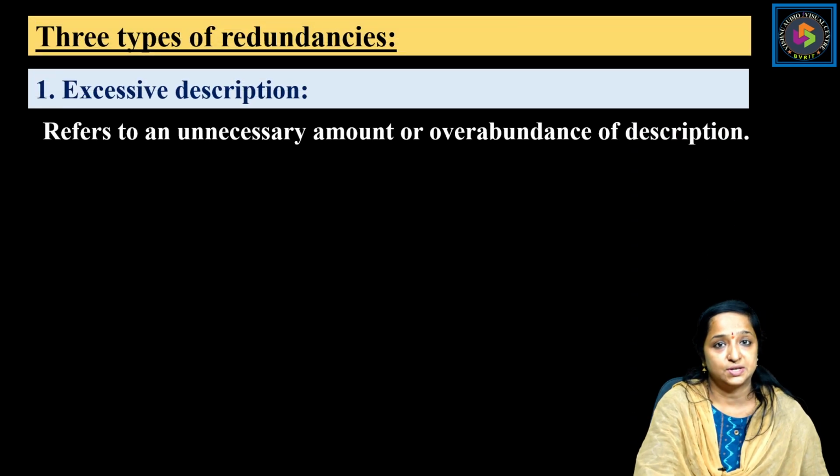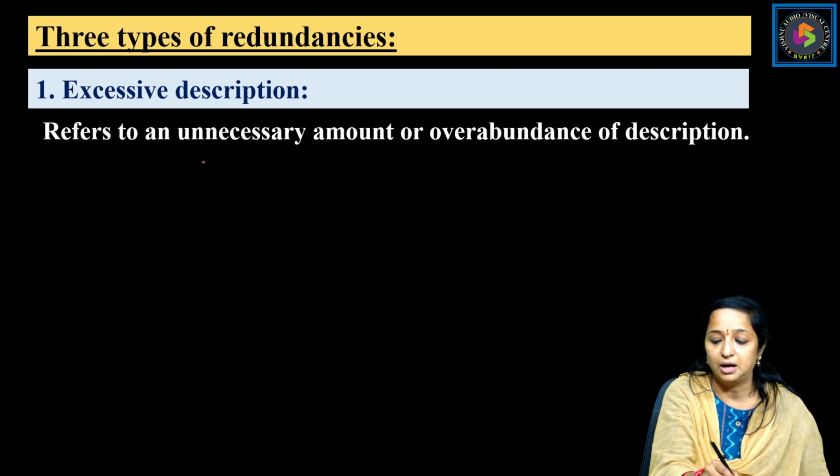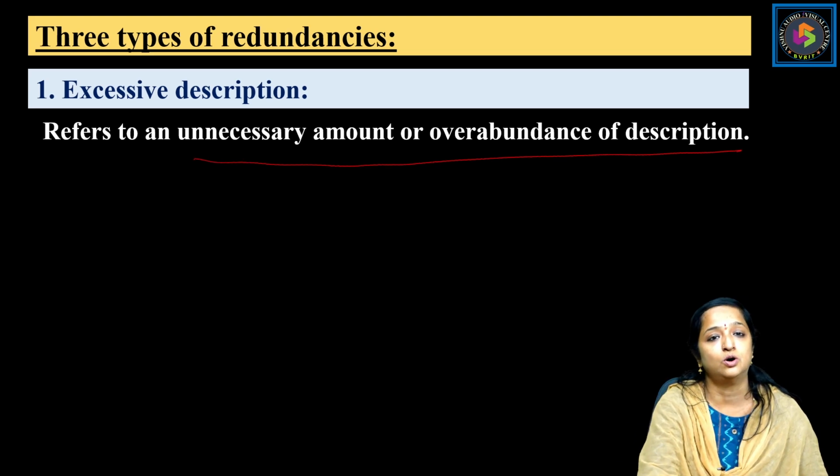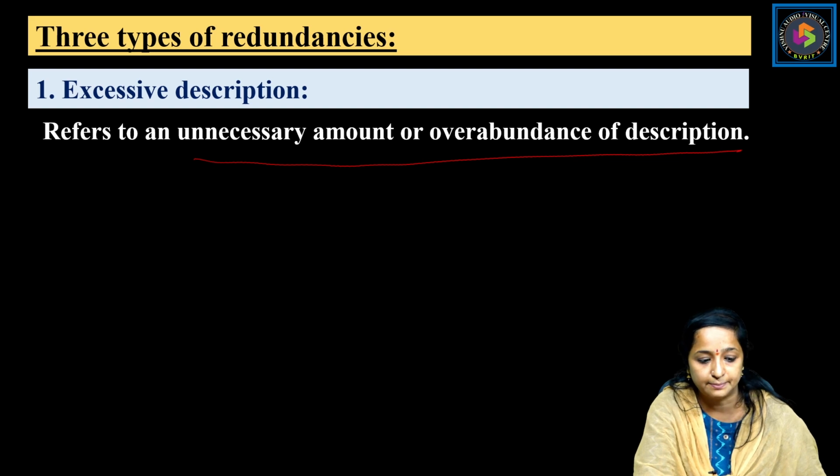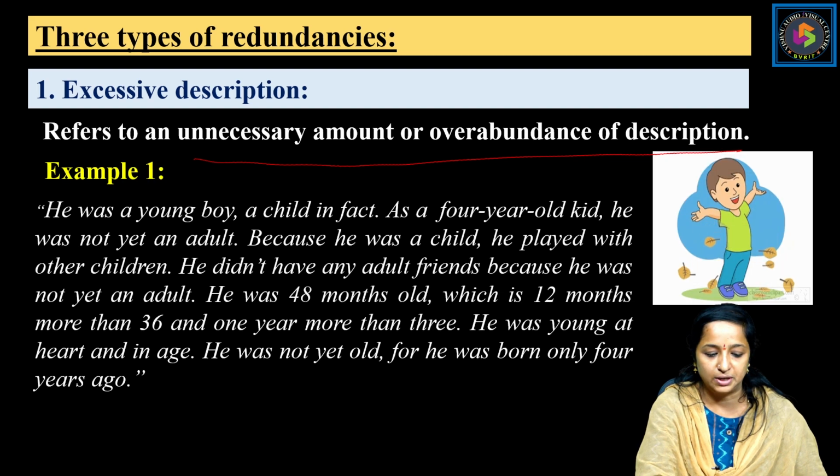That is excessive description. Excessive description refers to an unnecessary amount or overabundance of description. Let us go with one example, that is: He was a young boy, a child. In fact, as a 4 years old kid, he was not yet an adult because he was a child.